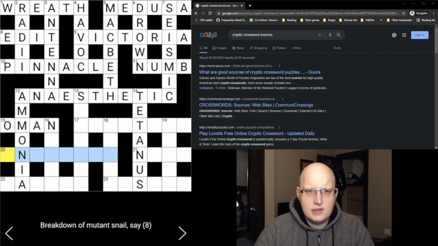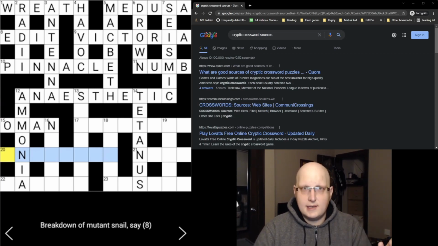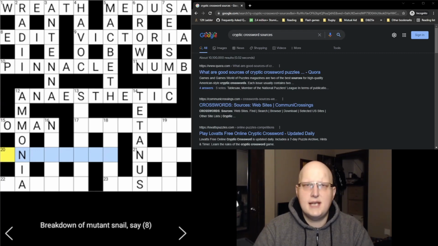Breakdown of mutant snail, say. I'm guessing the definition is breakdown and a snail. So snail, say, could either mean that we are looking for a homophone for a word that means snail, and hence you say it the same, or it could mean that snail is an example of a category, and we have to figure out what category it is, say like mollusk, or I don't know what other category snails fall into.